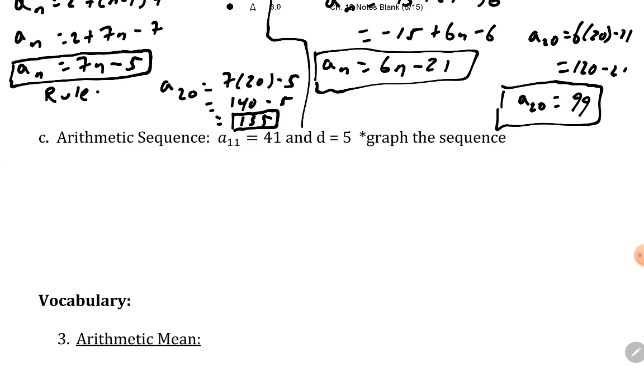If we wanted to write a rule for this, we would use a sub 11 equals a sub 1 plus 11 minus 1 times 5, just plugging in the stuff that we do have. A sub 11 is 41.